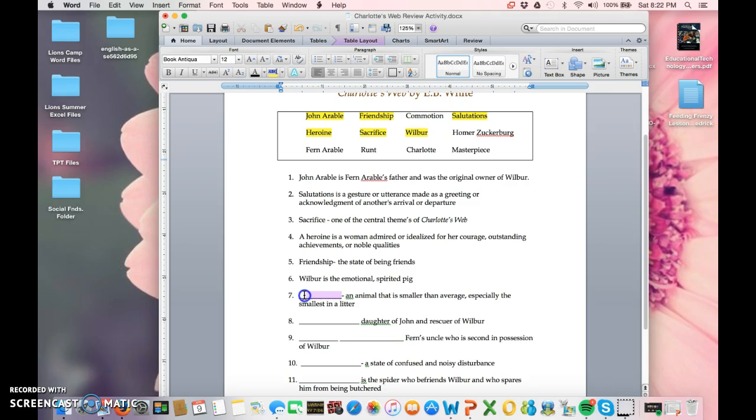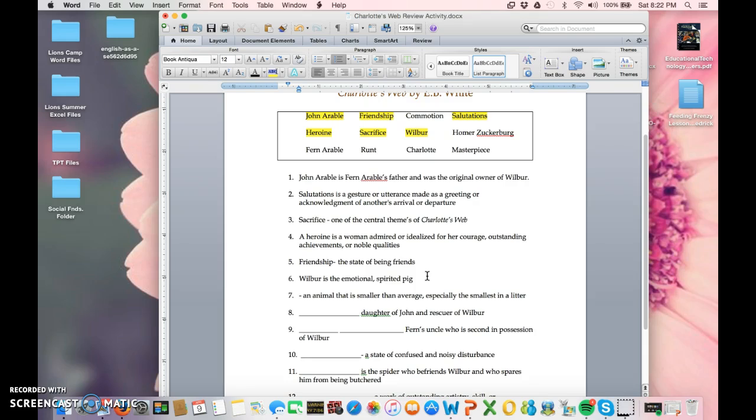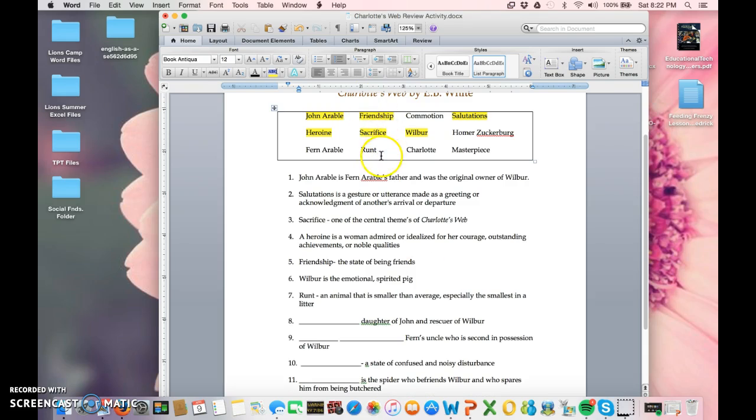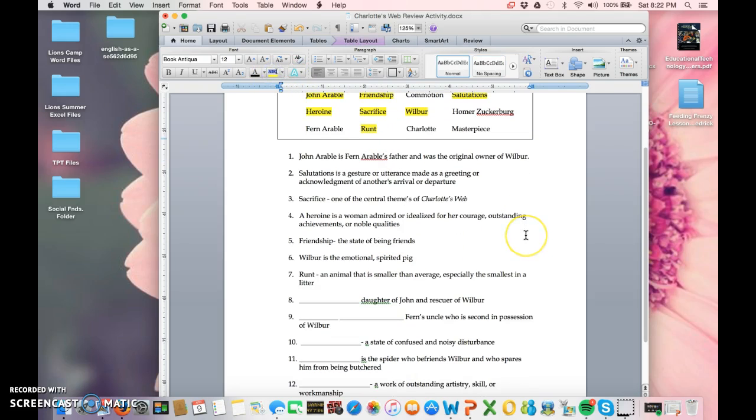Blank is an animal that is smaller than average, especially the smallest in a litter. Runt. Correct. Good job. Okay. Number 8. Blank is the daughter of John and rescuer of Wilbur. Fern Arable. Correct.